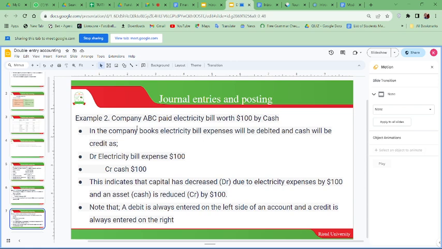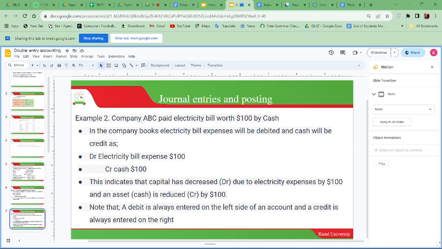The second thing that you will do is look at which account is receiving and which account is losing. In other words, which account is increasing and which account is decreasing.